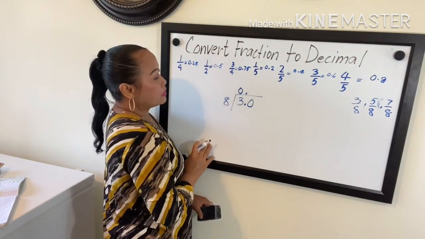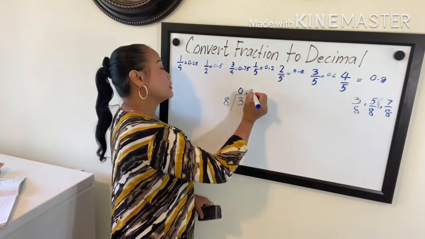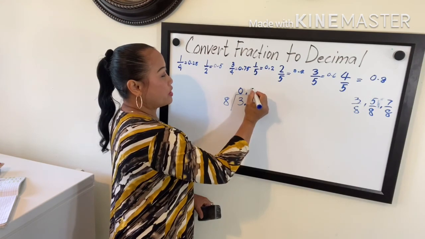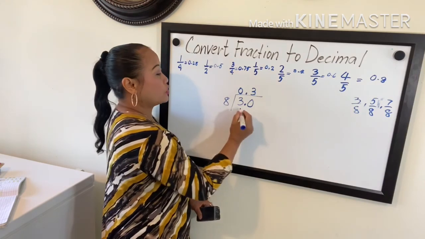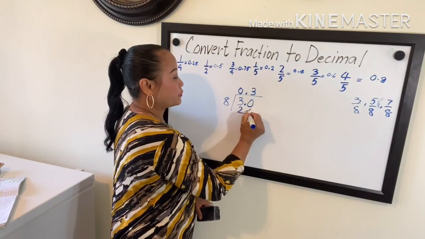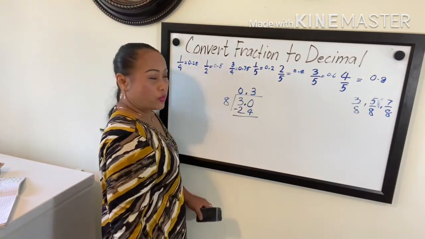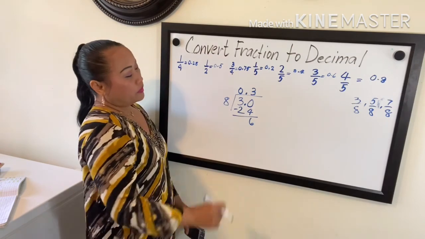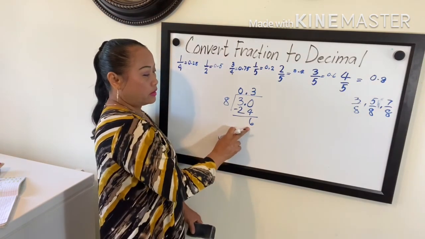And then 30 divided by 8 is, let's say, 3, since 3 times 8 is 24. Now we can subtract. 30 minus 24 is 6. We have a remainder of 6.